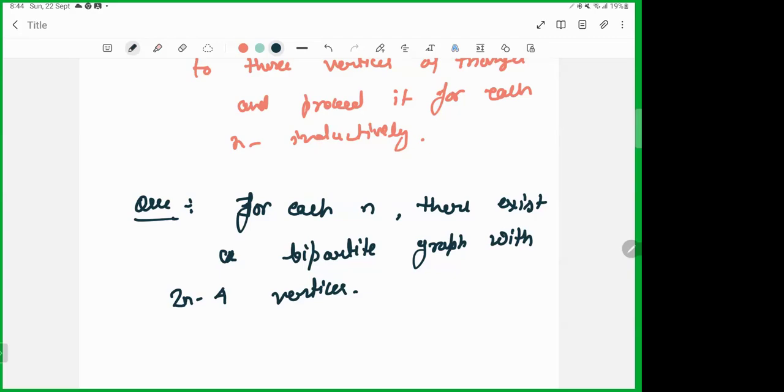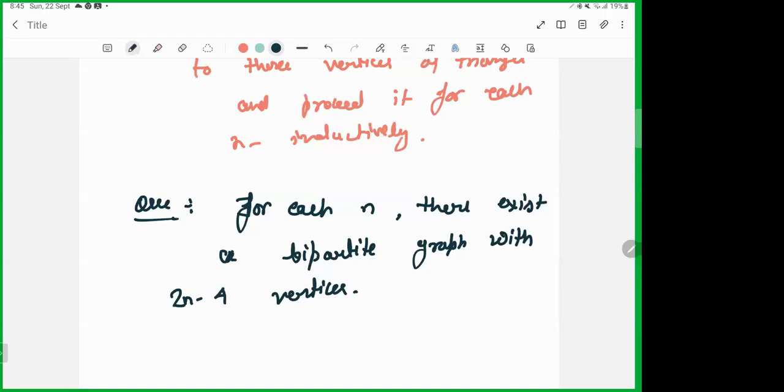Okay, so we are talking about planar, right? Not just any bipartite. Bipartite, just bipartite?